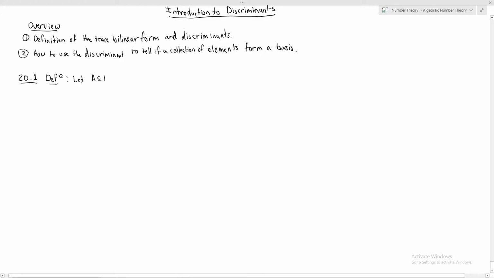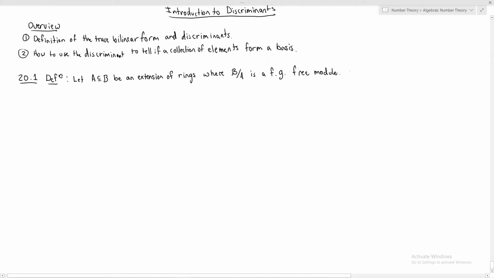A contained in B. This is going to be an extension of rings, where B is a finitely generated free module over A. Okay, so the important part is that there's some basis, some finite basis for B over A.